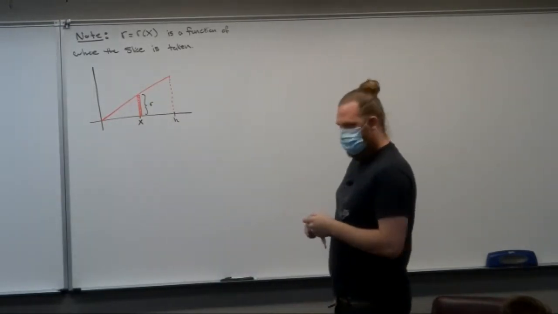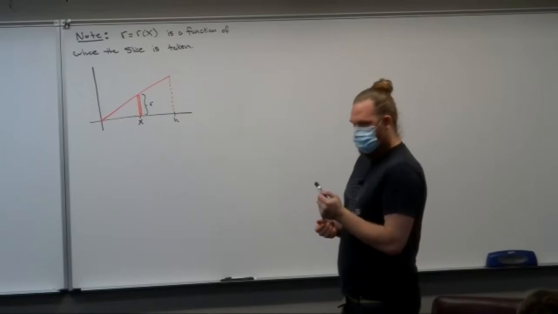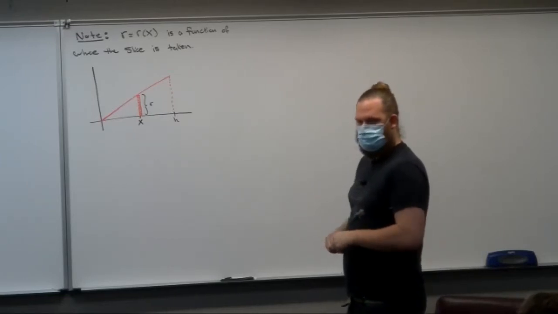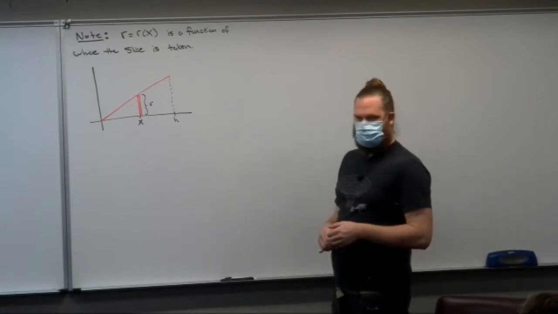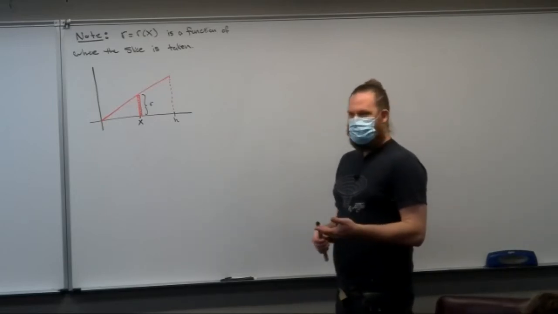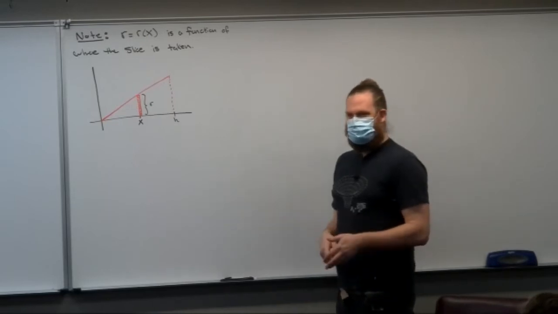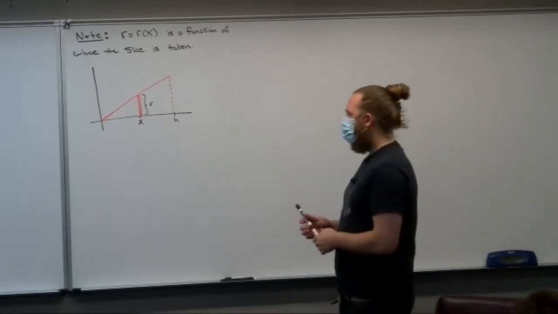So who's familiar with what similar triangles are? Anybody remember that concept from geometry class or trigonometry class? They can be different sizes, but the proportions are the same. Precisely, yeah. Two triangles are considered similar if the ratios of side lengths are the same, or equivalently if they have the same internal angles.